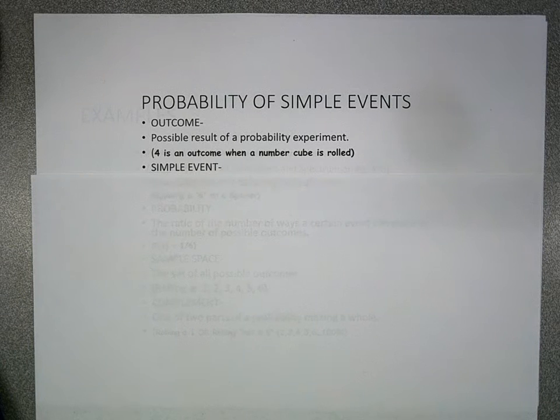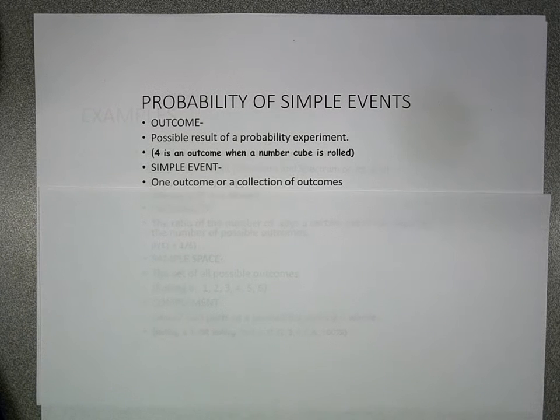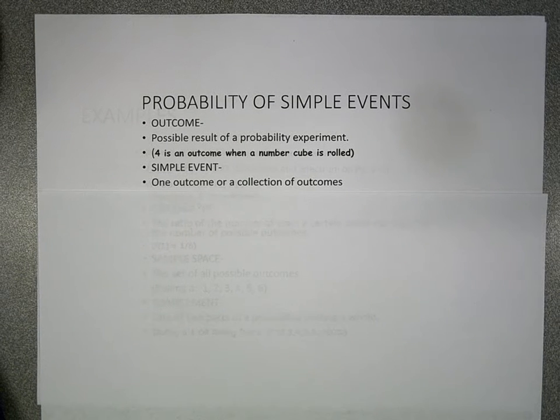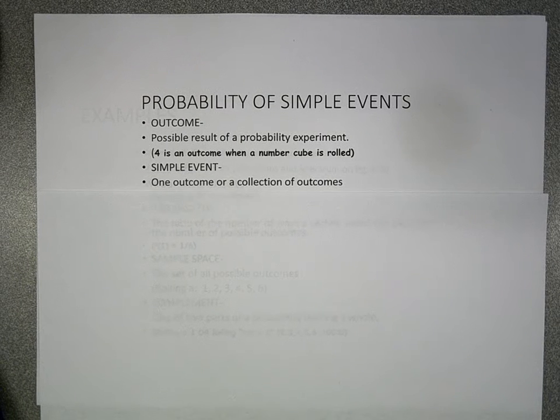Now, I want to talk about what we're actually talking about, and that's a simple event. Simple event, everyone? Here's what they mean by a simple event. This is where you have one outcome or a collection of outcomes. We'll see some examples of this in just a bit.